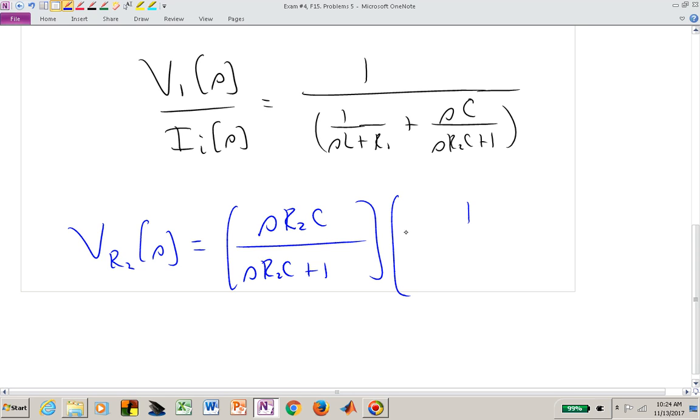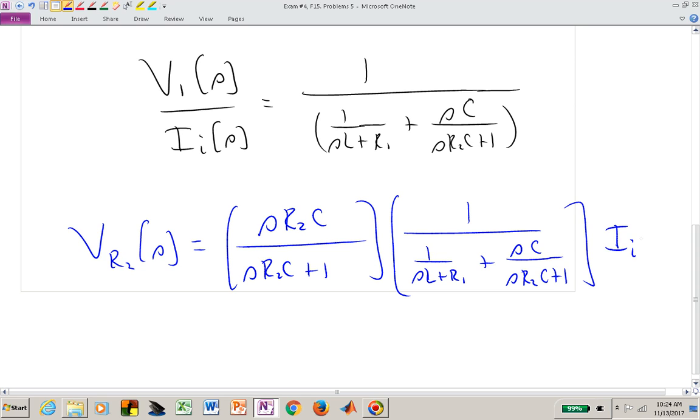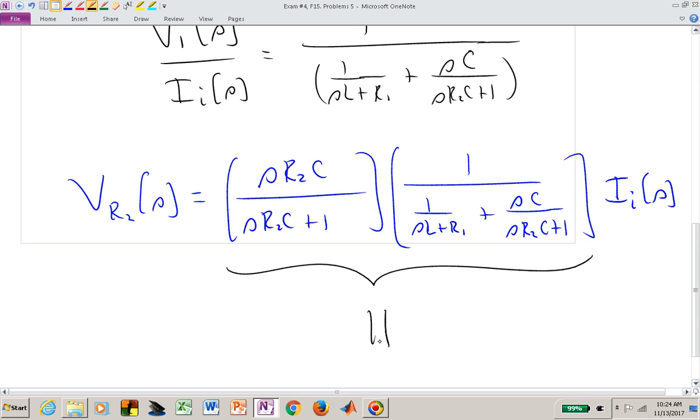So this is now 1 over SL plus R1 plus SC over S R sub 2C plus 1, and that's going to be I sub I of S. And this, if you clean it up a little bit, that's now your transfer function, and you would probably want to write this in terms of just a numerator polynomial over a denominator polynomial.